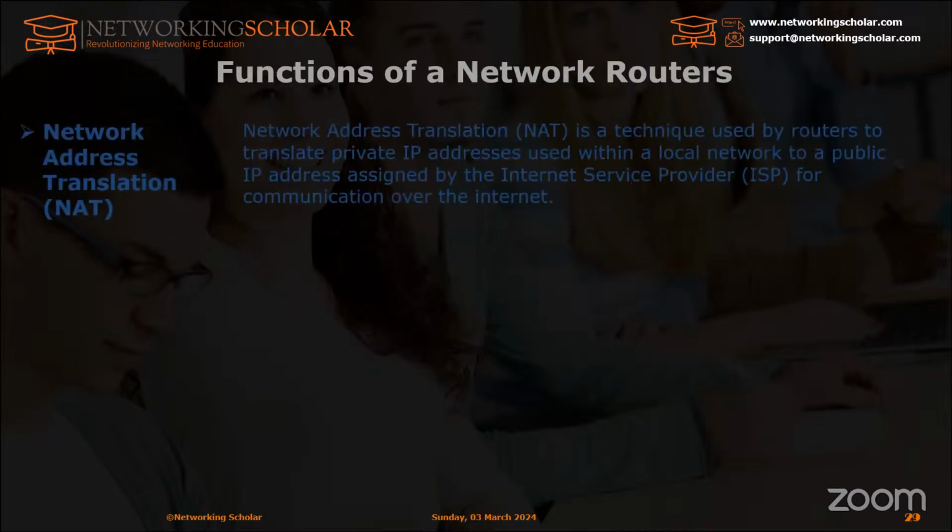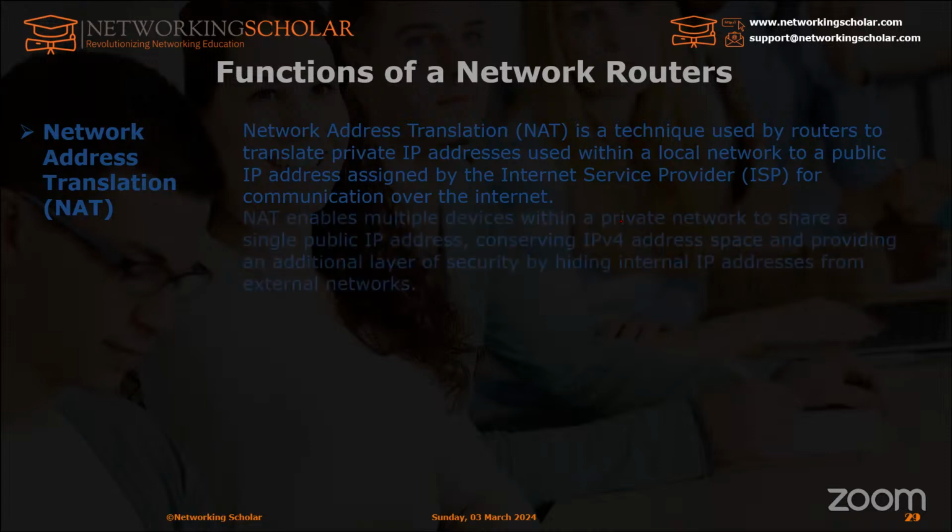Network address translation we already discussed. It is based on public and private IP addresses. We are translating our internal address to a public address, because a private IP address is not exposable to the network.